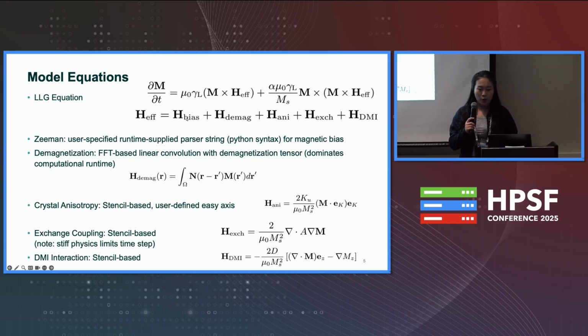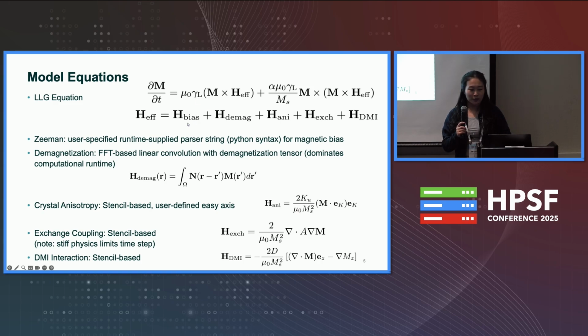It can be decomposed into different components, and it involves complicated physics. The first could be the bias field. Basically, the user would put an electromagnet or a permanent magnet right next to our material, and then the magnet would apply a magnetic field onto the material.